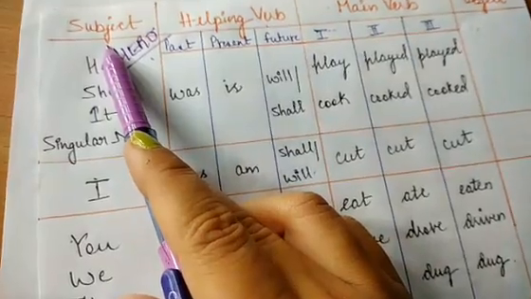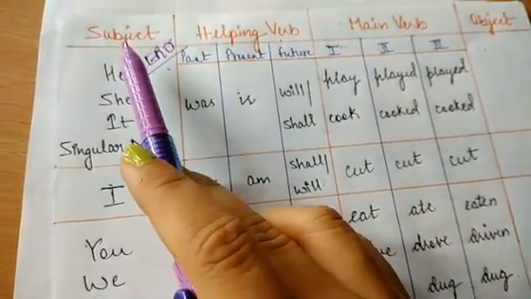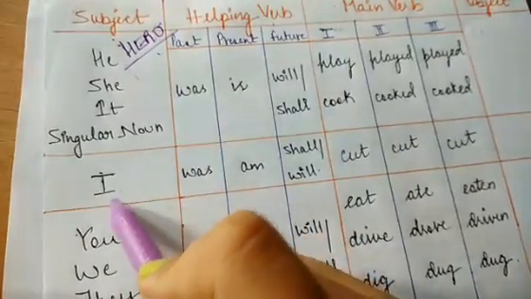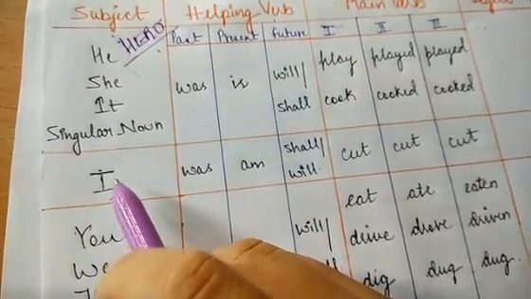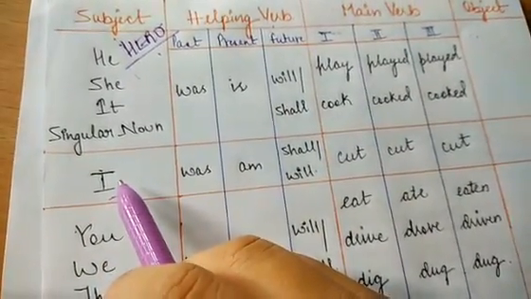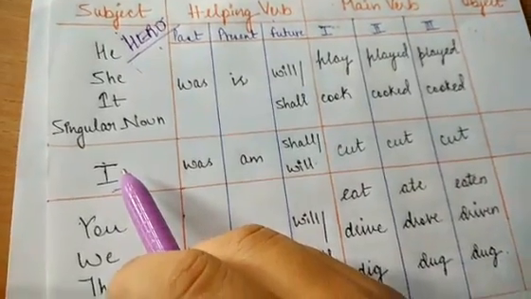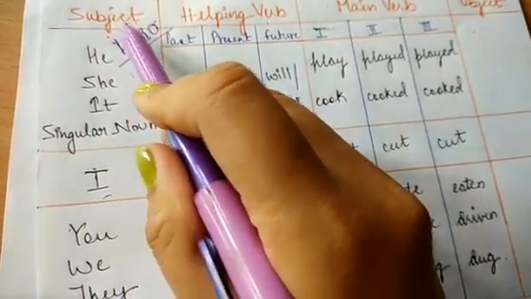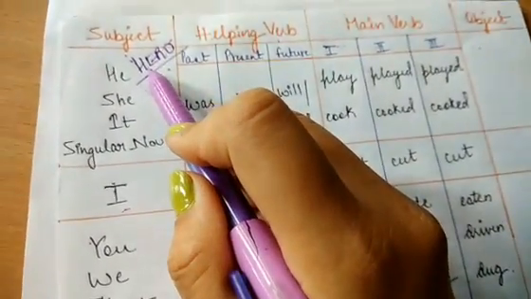Subject is the actor of a sentence. Like, I am speaking, so I is the subject. You are listening. Who's doing the work? You. So, you is the subject. Subject is the person or the object that does the work.